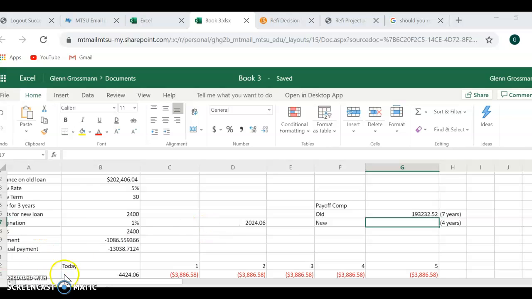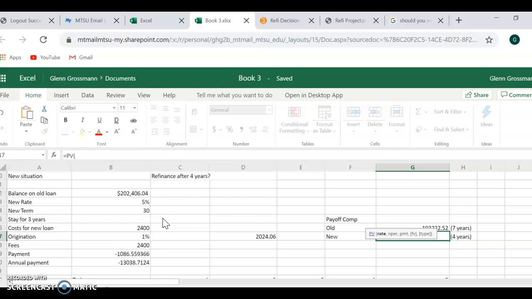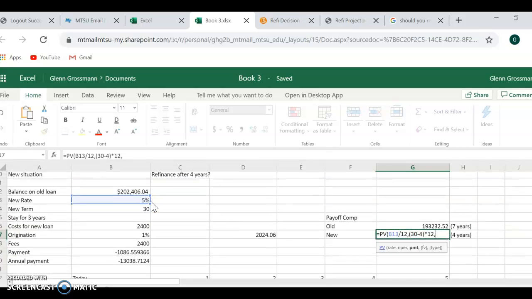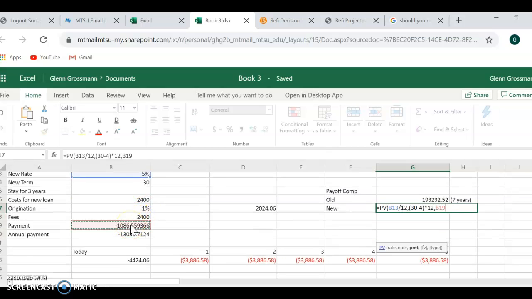And then come up here to do the same thing with our new, and we'll do equals PV, and then we'll take our new rate divided by 12, and we'll do 30 plus our new number of years, which is 4, and multiply that by 12 and reference our new payment.